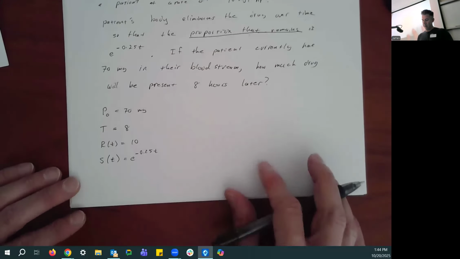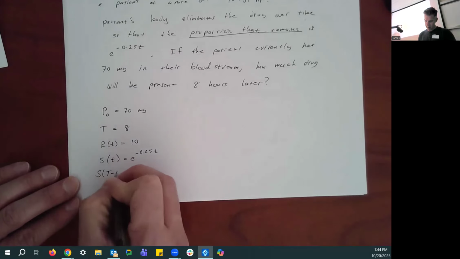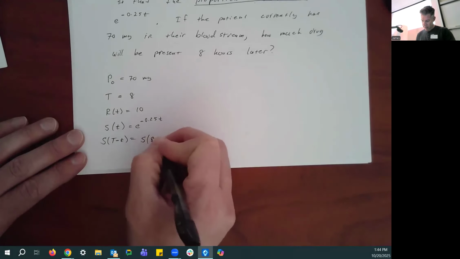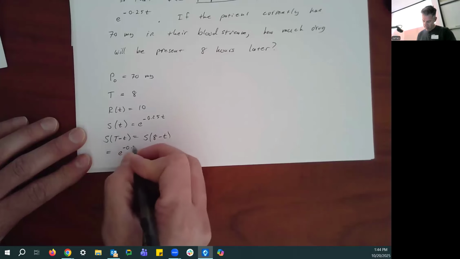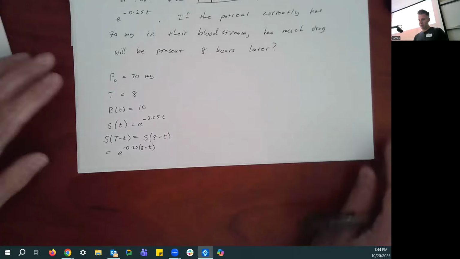And then you don't have to, but I do like to write down the S of capital T minus little t, which is going to be S of 8 minus little t, which is going to be e to the negative 0.25 times 8 minus t. To me, it just helps to write that down.